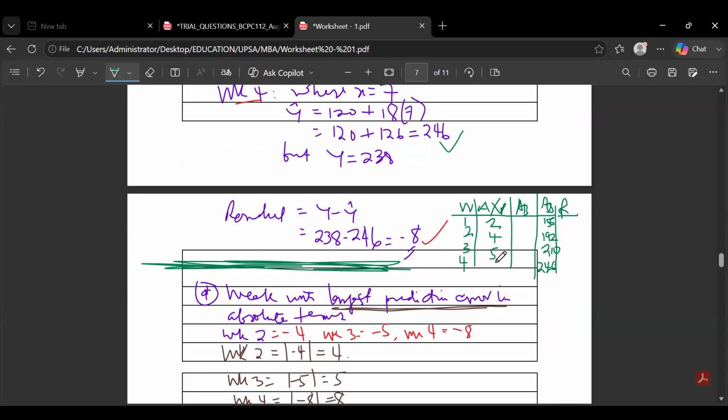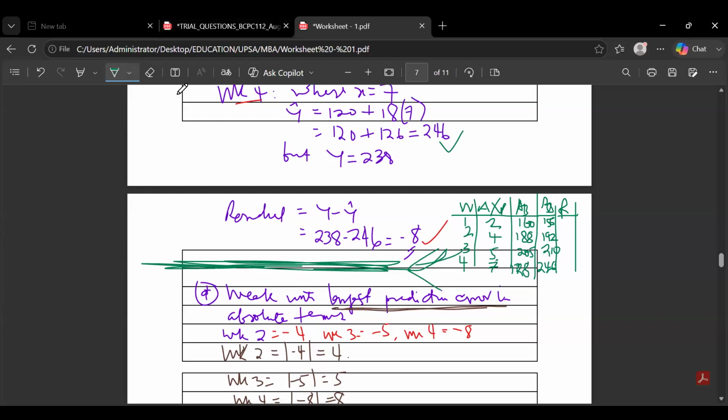Yeah. And then the actual ones are 160, 188, 205 and 238. Then the residual, the difference, I'll record them here. That one would have come below the workings. So I've come here.